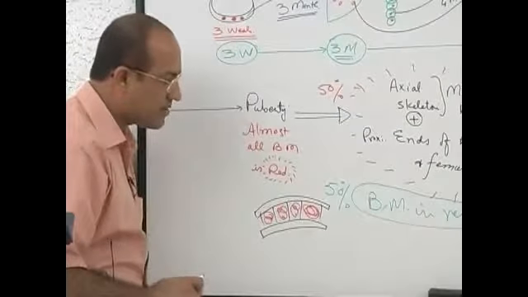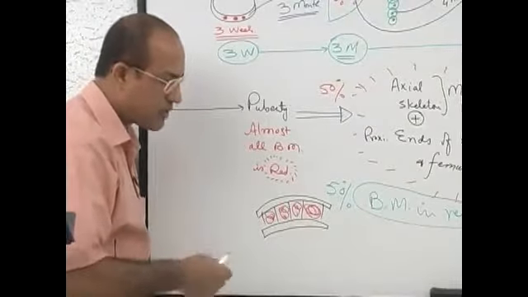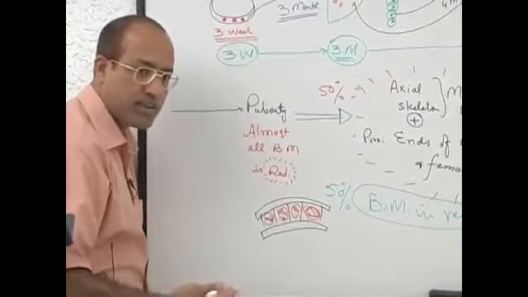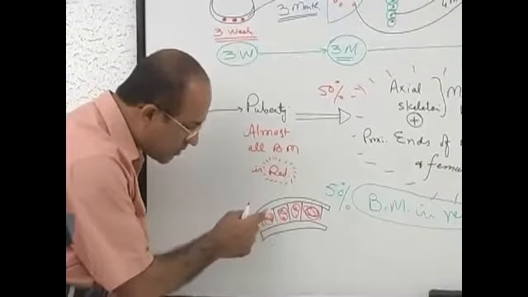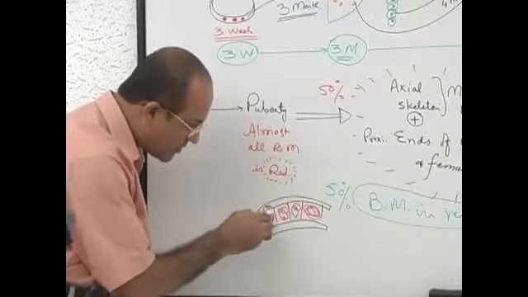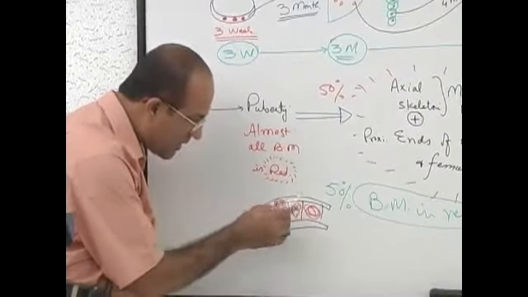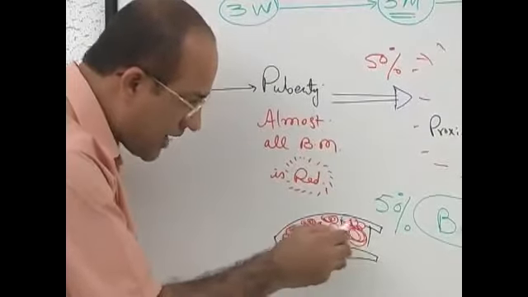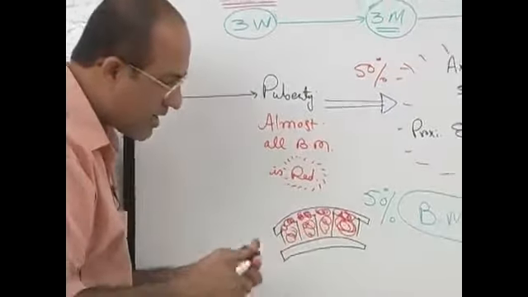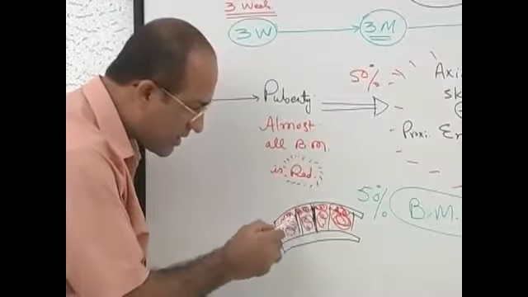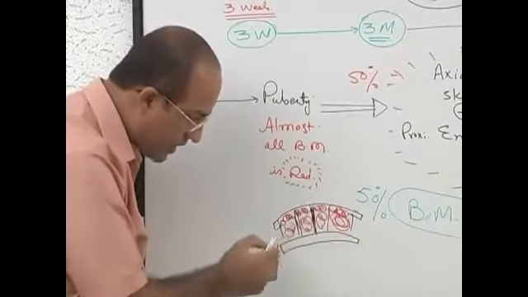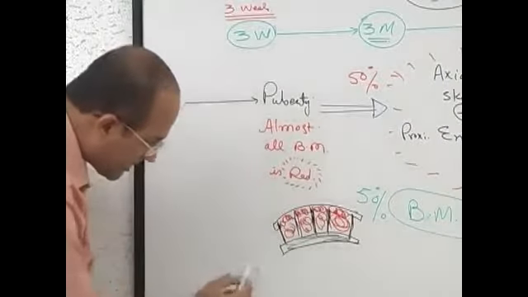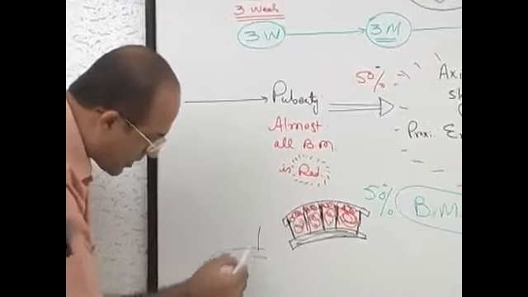Now if someone has too much hemolysis going on in the body and the red bone marrow needs to expand, then it will expand into these areas, and the outer table will become thinner. On X-ray, the outer table is not very visible radiologically, and these spicules become very prominent.